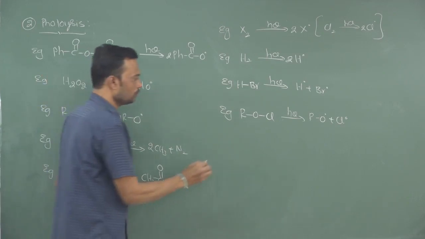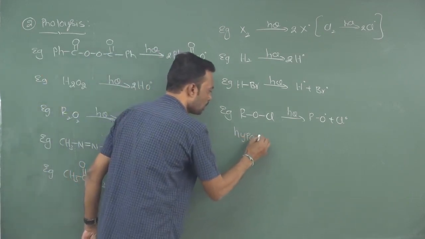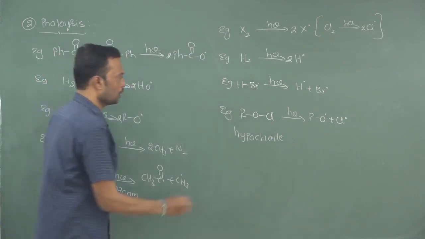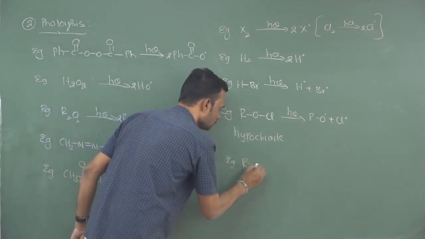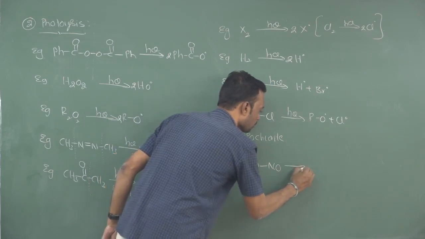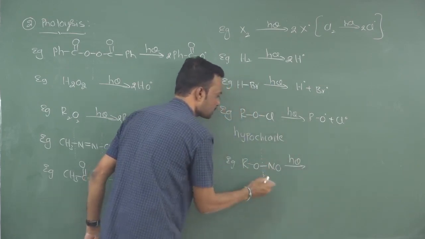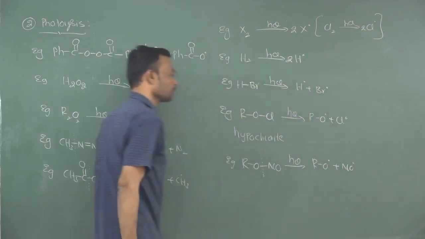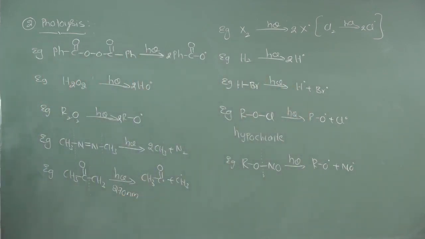This is called hypochlorite. Now, RONO. Simply break this by photolysis.